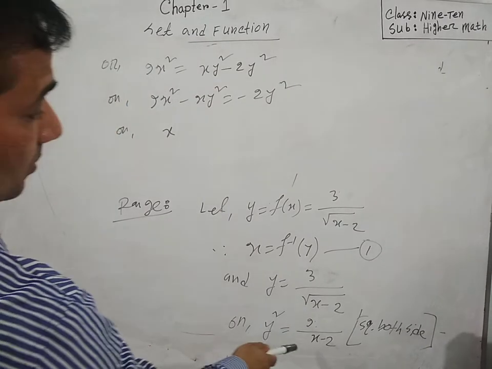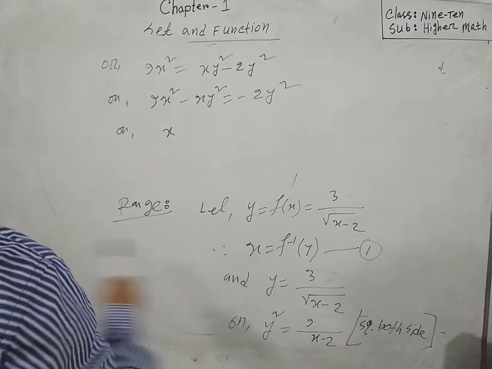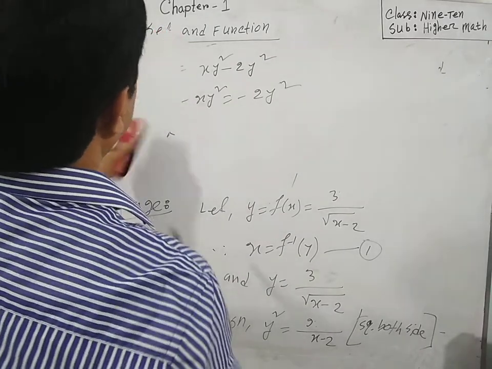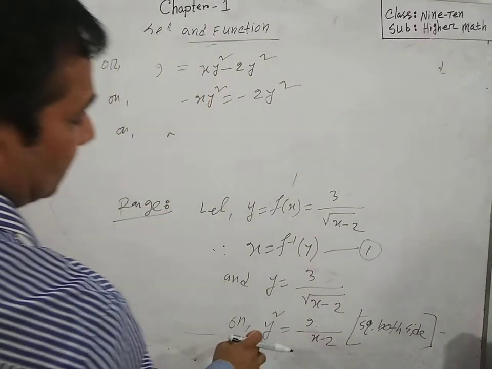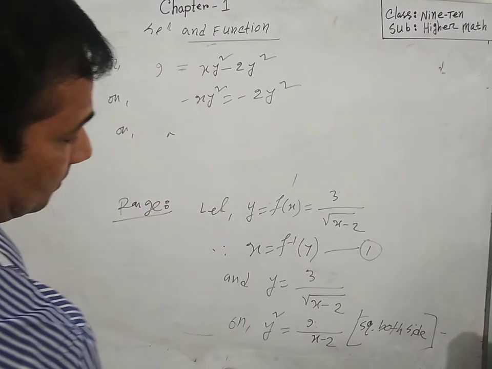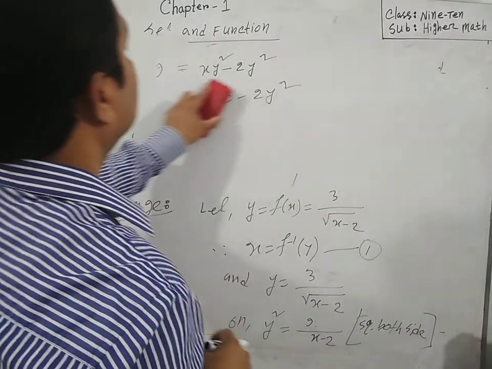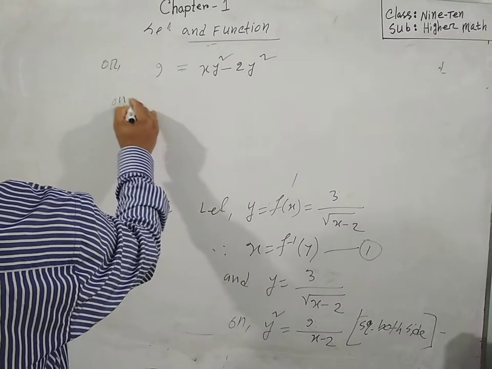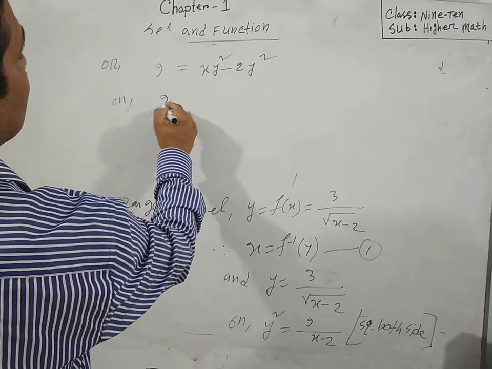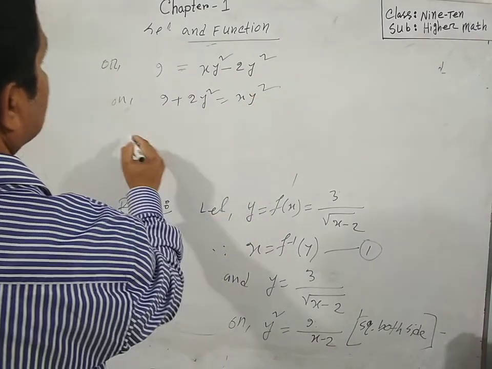So here cross multiplication: 9 equals xy squared minus 2y squared. Here 9 plus 2y squared equals xy squared.